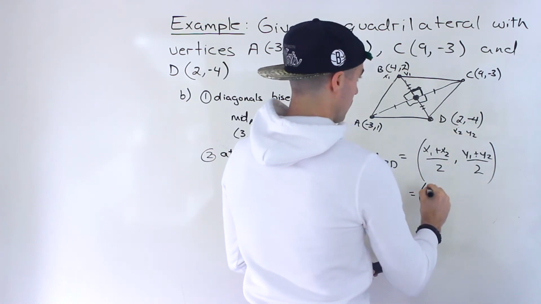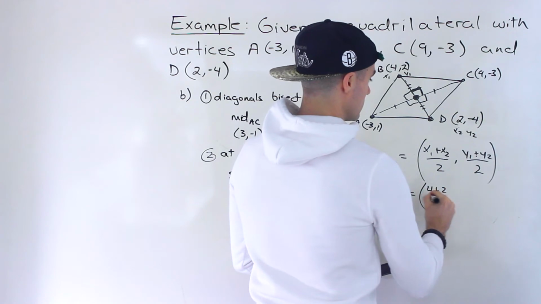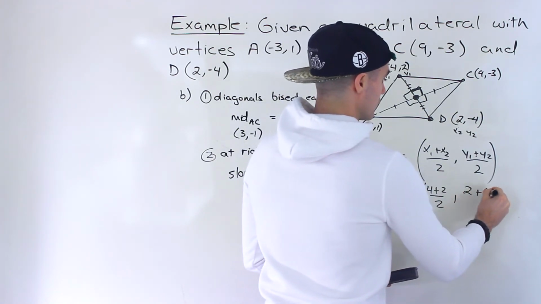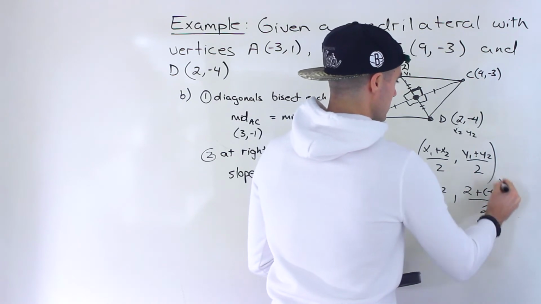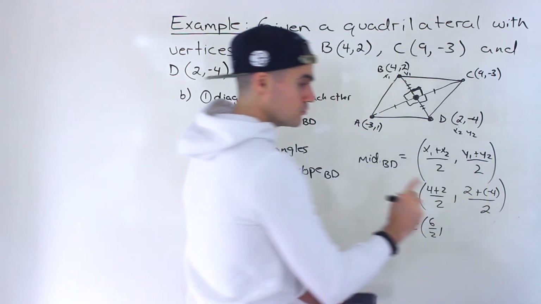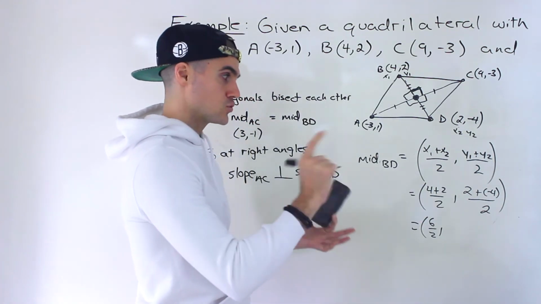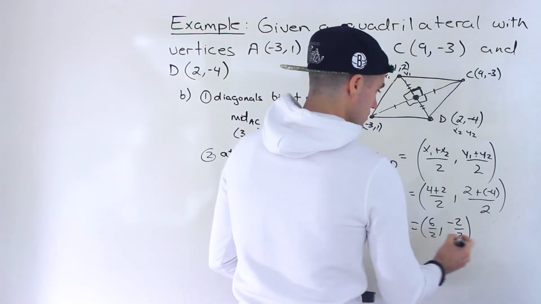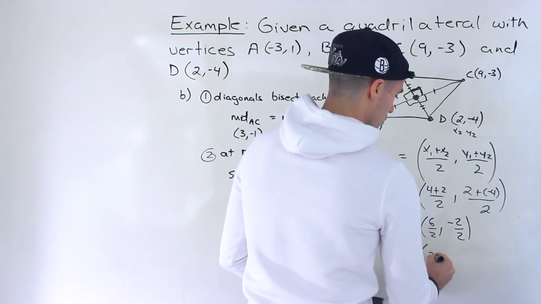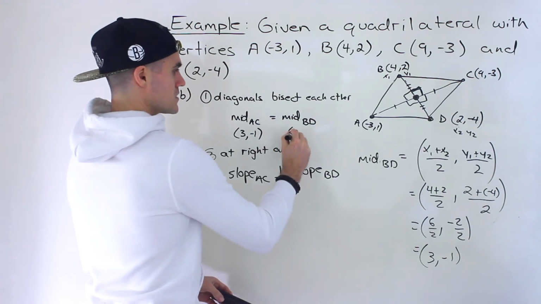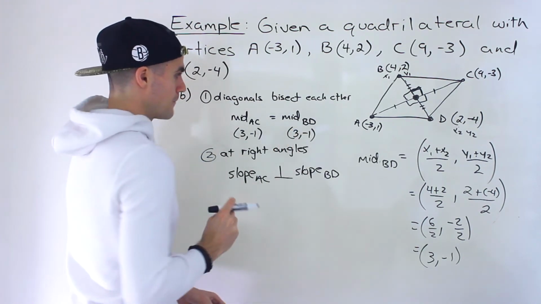So we'd have 4 plus 2 divided by 2, and then we'll have y1, which is 2, plus negative 4, divided by 2. Notice, what do we get? 6 over 2. 2 plus negative 4 is like 2 minus 4, which is negative 2, over 2. So that would end up being 3 and negative 1. So we're done with that part.